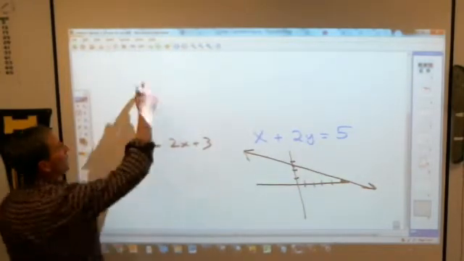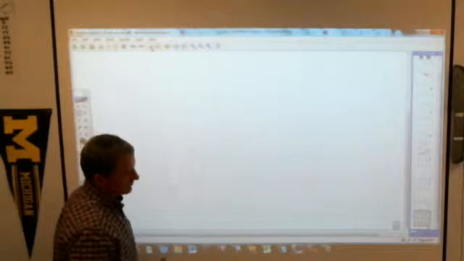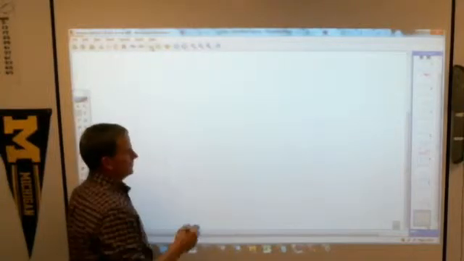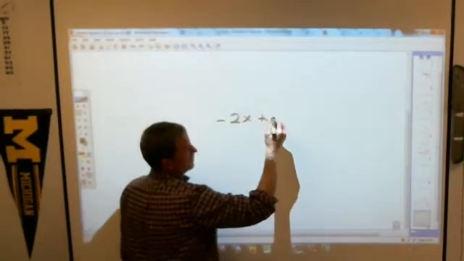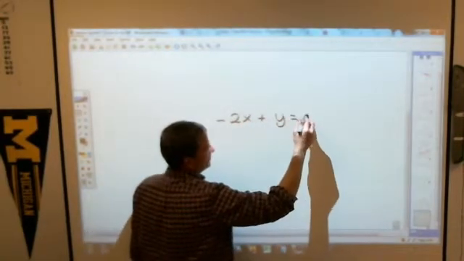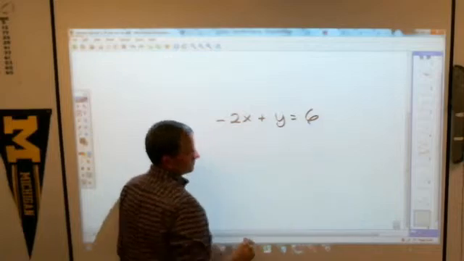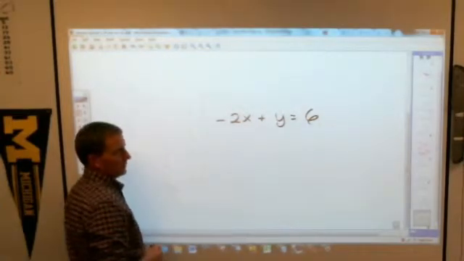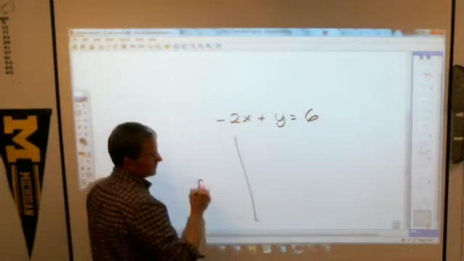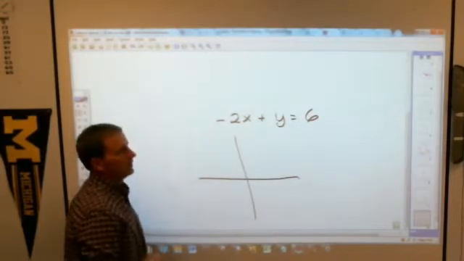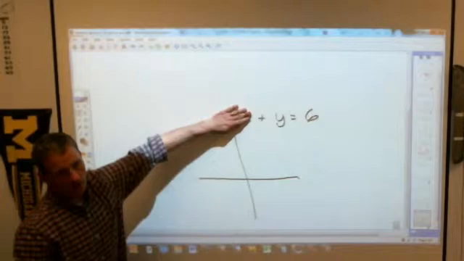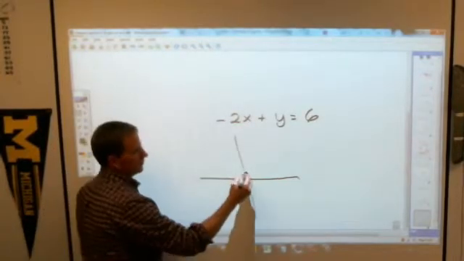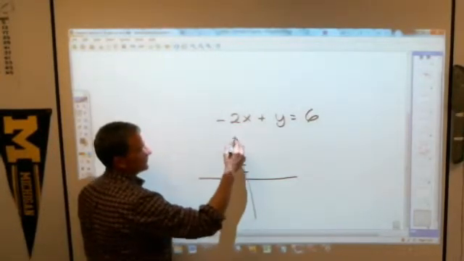Now, one thing you do have to watch out for, ladies and gentlemen, is positive and negative numbers. So watch this. Negative 2x plus y equals 6. This is where one must be careful. The y one's easy. If I put 0 in for x, my y-intercept is 6, obviously, right? 1, 2, 3, 4, 5, and 6.